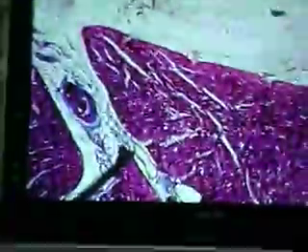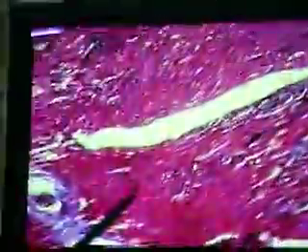That we need to know. So this is a slide here of cardiac muscle. The cardiac muscle here in this slide is very, very densely packed.